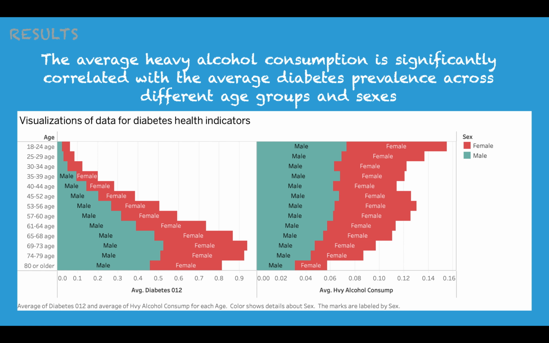As you can see in the figure, the bar graph shows the relationship between average diabetes prevalence and average heavy alcohol consumption. Age groups and genders are shown in various colors for better identification.